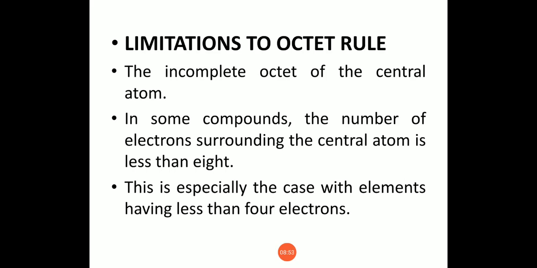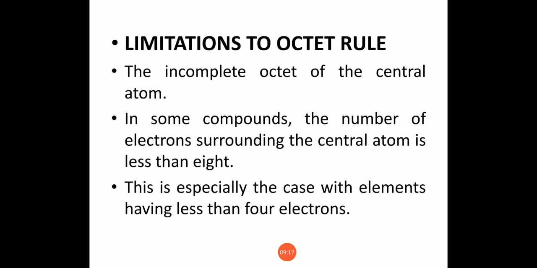Bond is the force of attraction between two atoms in a molecule. That means these two atoms are held together by a force of attraction. That force of attraction is known as bond. Bond means a linkage between two atoms in a molecule.